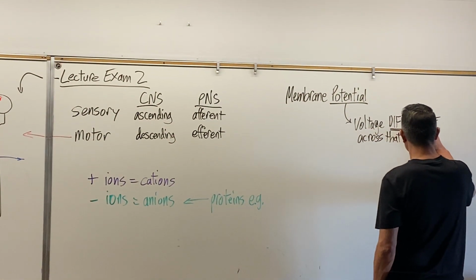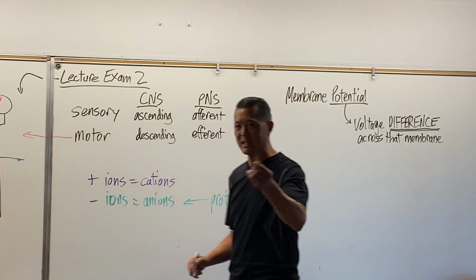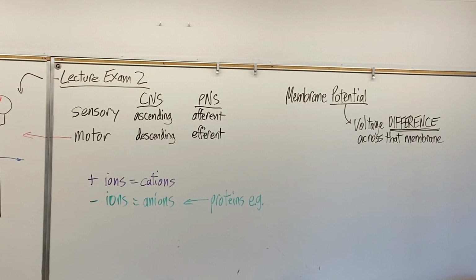And I had mentioned this initially when I talked about the sodium-potassium pumps that you got to know for lecture exam 1. An example of primary active transport. You guys remember that? Sodium-potassium pumps? And I said 3 doesn't equal 2. 3 sodiums out, only 2 potassiums in. That is one of the reasons why your cells are more negative on the inside. You got 3 outside, 2 inside, it's more positive on the outside.